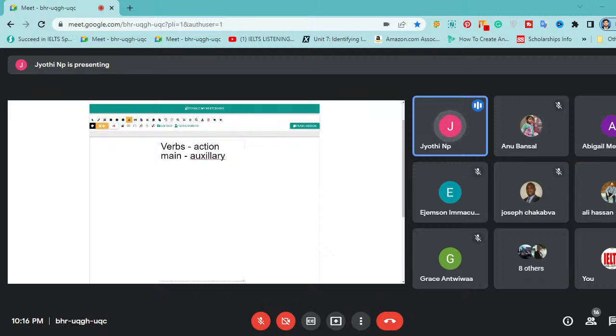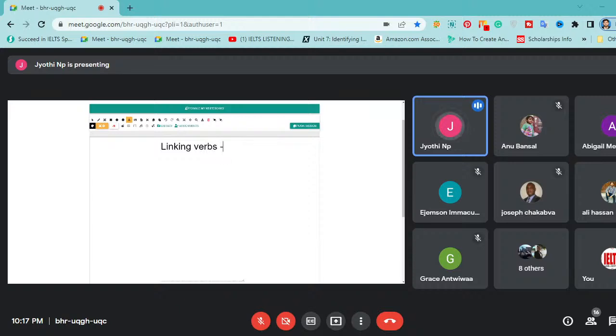Main verbs are words like sing, which show action, physical and mental action. Then auxiliary is where we use it as a helping verb. Now, to understand the tenses better, we need to understand something called linking verbs.